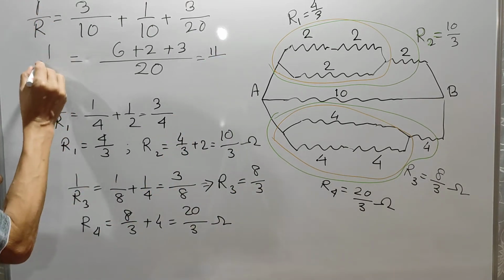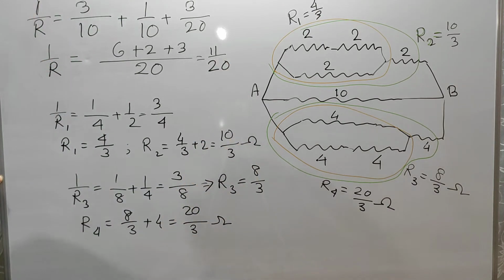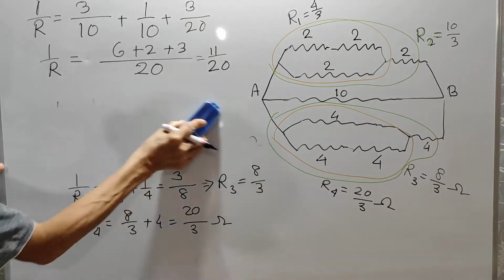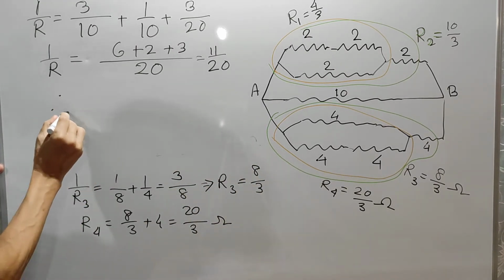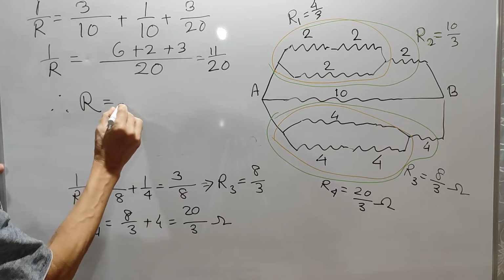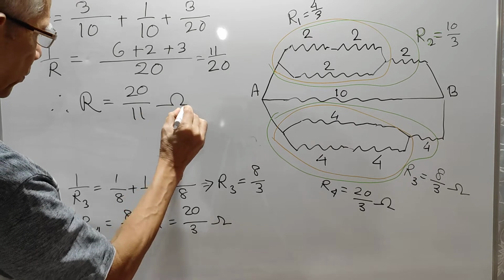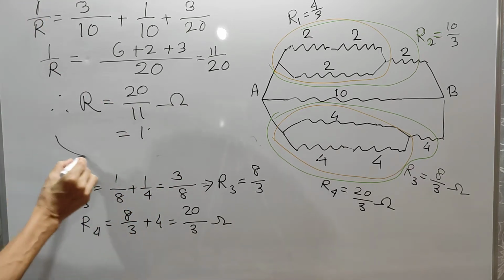So 1 by R equal to 11 by 20. Therefore, finally, the equivalent resistance between A and B, R, is 20 by 11 ohm, which is 1 point something. So this is the final answer.